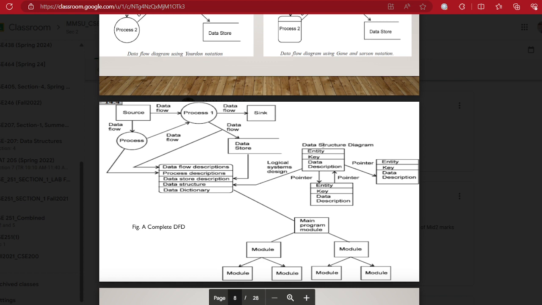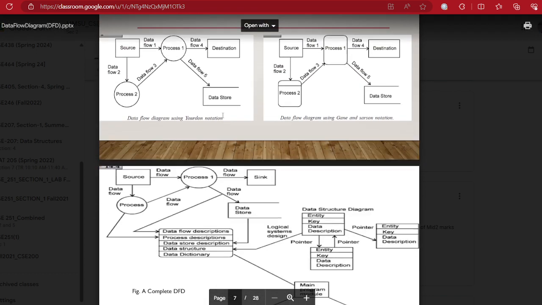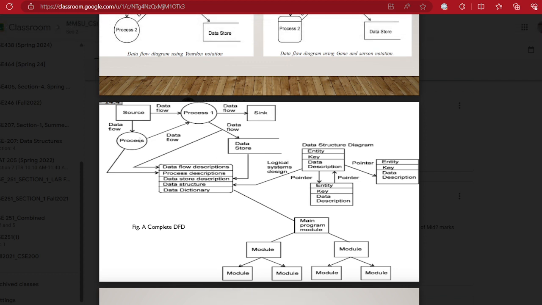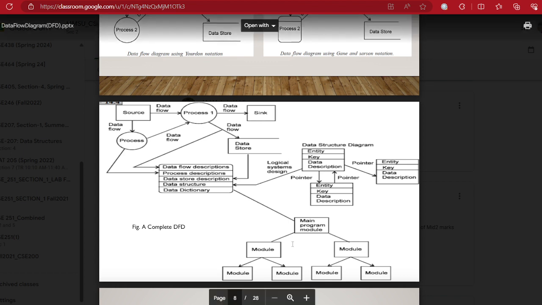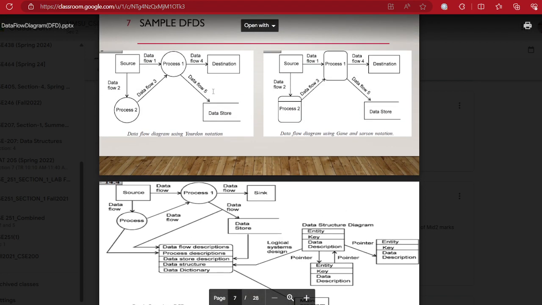Level 1 will be a little bit more detailed version of your level 0, right? So there we can expect more processes, more data stores, more sources and destinations, and more data flow, like more arrows than the level 0 diagram.